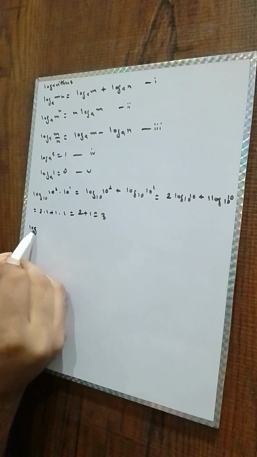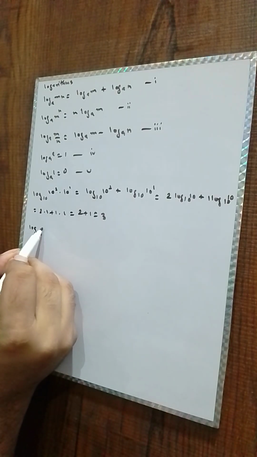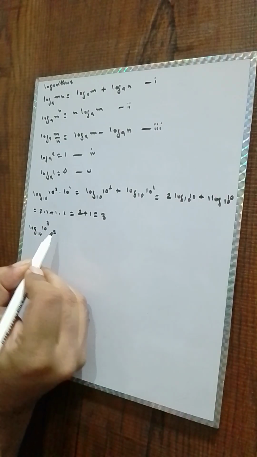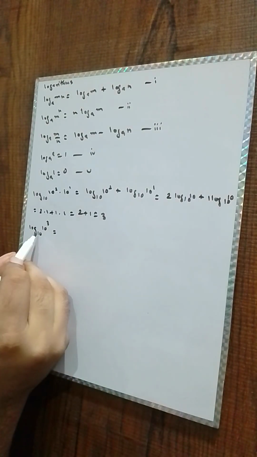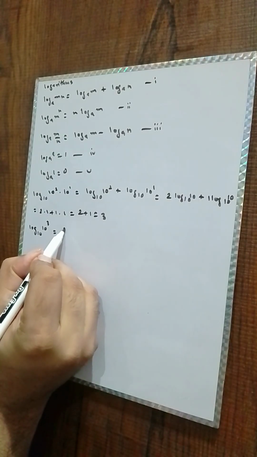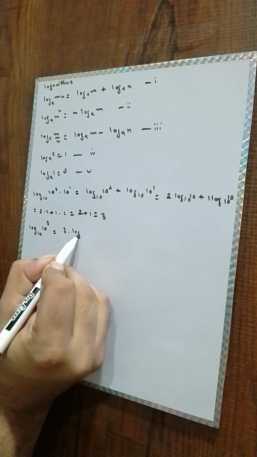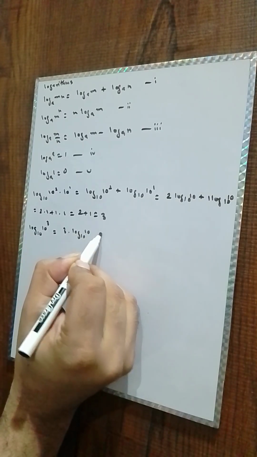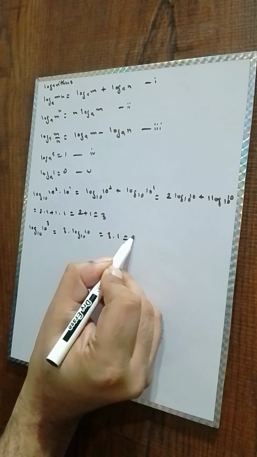The second form, for example, we have log base 10 of 10 to the power 3. This would be 3 times log base 10 of 10, which is 3 times 1, equal to 3.